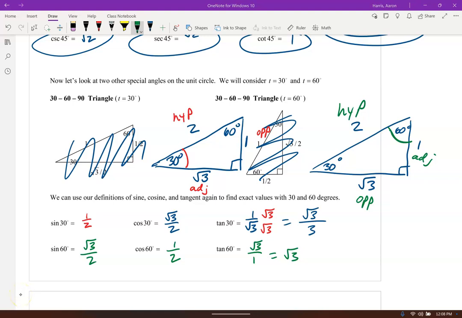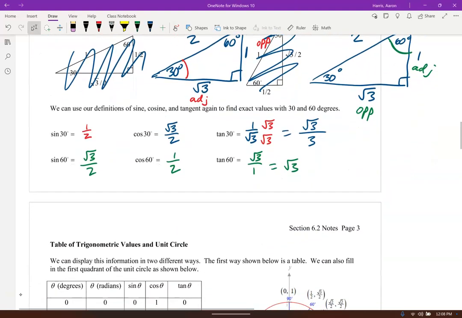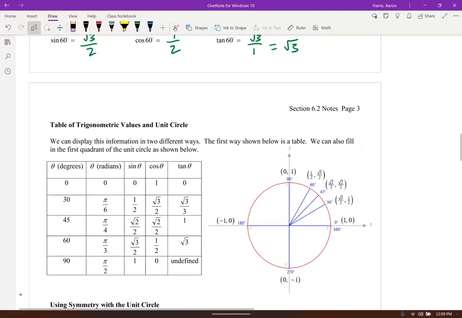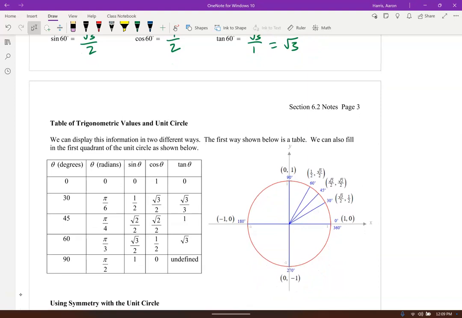All right, with that information, you guys, we're going to see how this right triangle trig plays into this first quadrant for the unit circle. Okay, so let me take the 30, 60, 90 for a minute. So here's our 30 degree, 60 degree, 90, 1, 2, root 3.